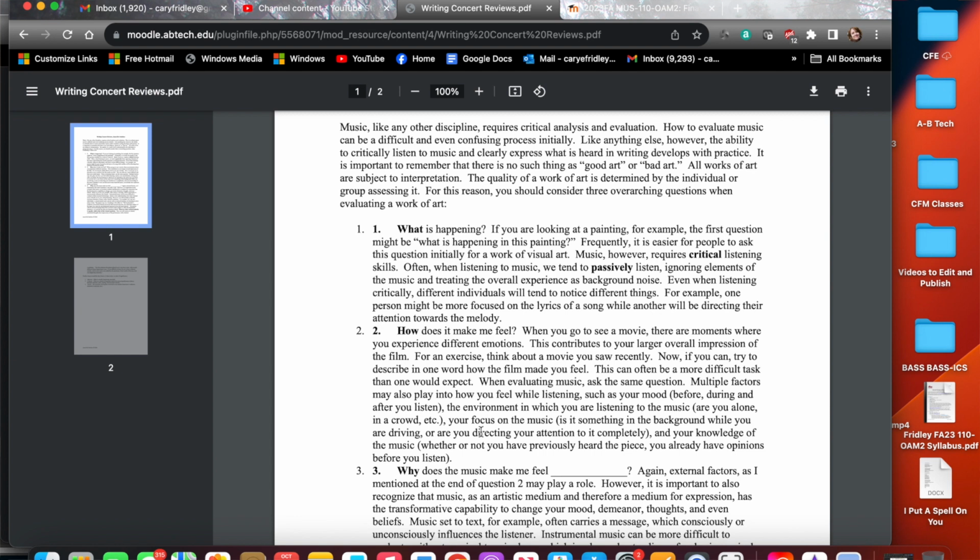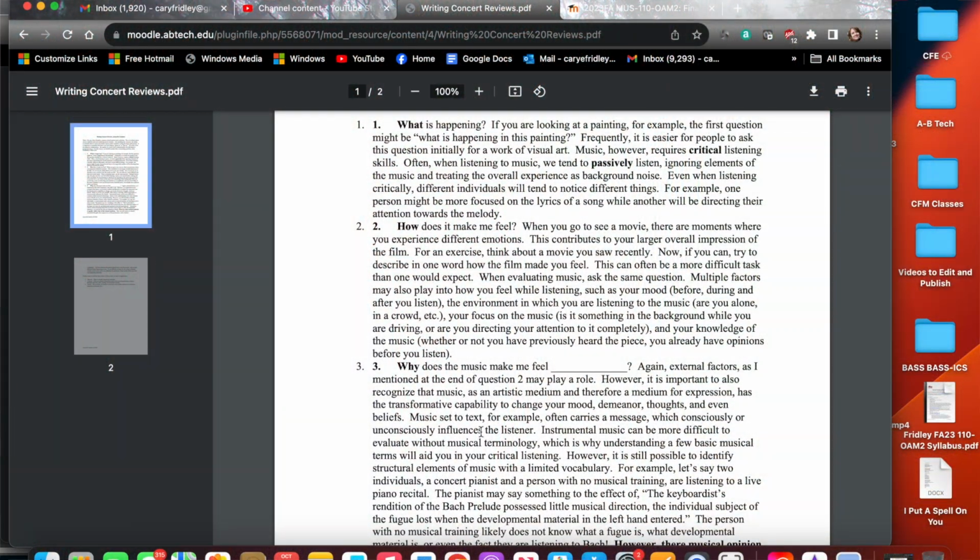Often, when listening to music, we tend to passively listen, ignoring elements of the music and treating the overall experience as background noise. Even when listening critically, different individuals will tend to notice different things. For example, one person might be more focused on the lyrics of a song, while another will be directing their attention towards the melody.